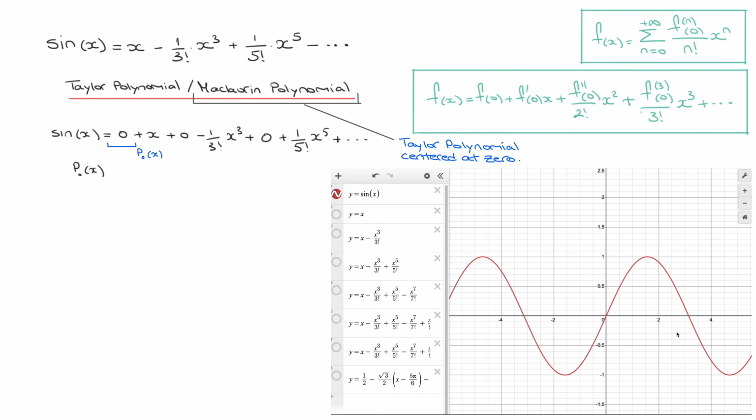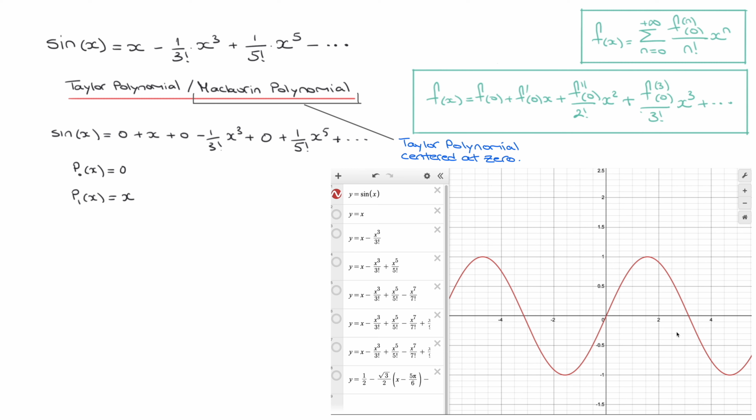So p sub 0 of x would just be equal to the first term in the series we have here, so that would just be equal to 0. The next Taylor polynomial we'd have would be p sub 1 of x, and that's going to be equal to the sum of the terms up to the first derivative of our function, which would correspond to the second term in the series. So it's the sum of 0 and x, which would just be x.